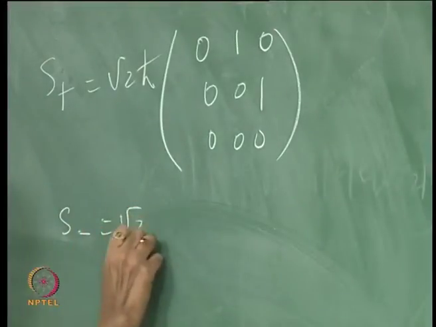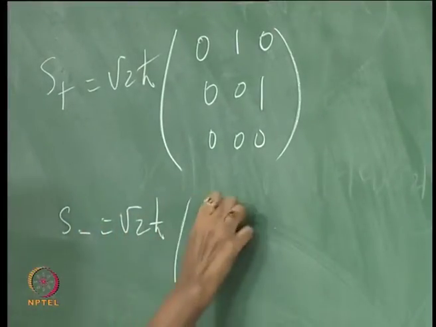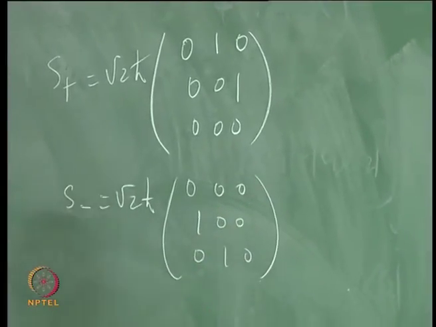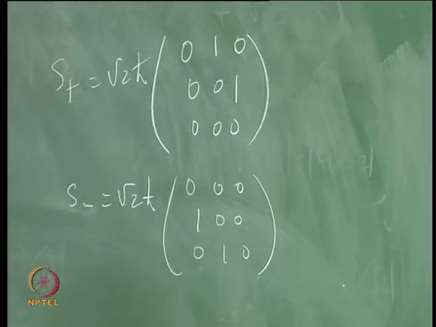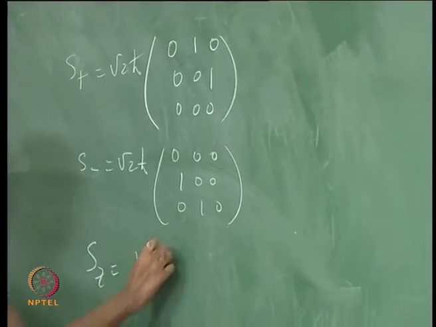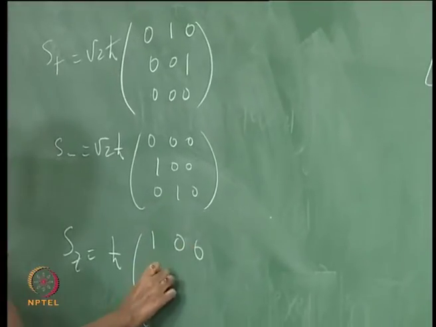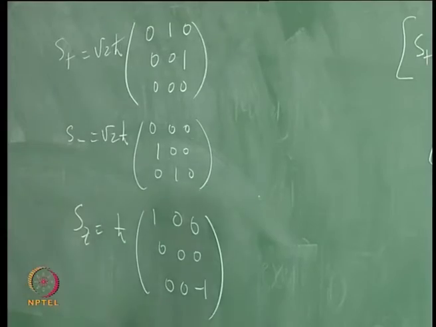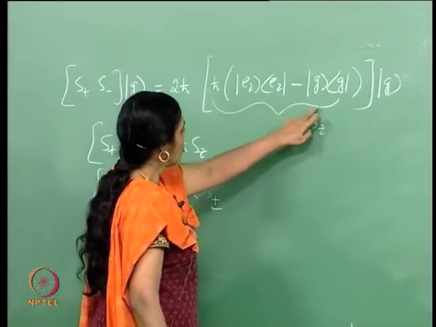S minus is root 2 ℏ 0 0 0 1 0 0 0 1 0. I can work out Sz and I will just get ℏ with 1 0 and minus 1 on the diagonal, because this is my definition of Sz.